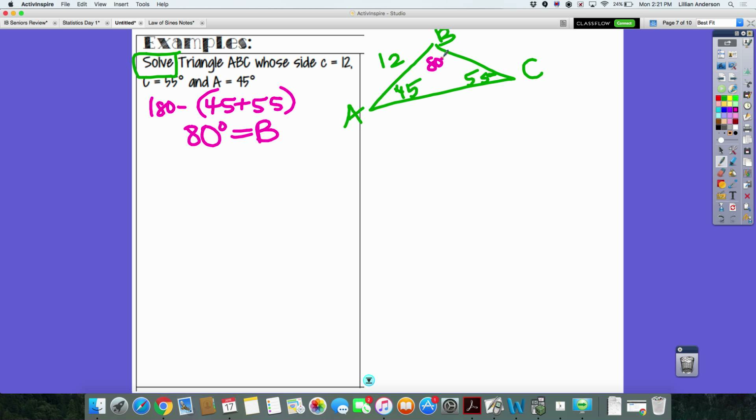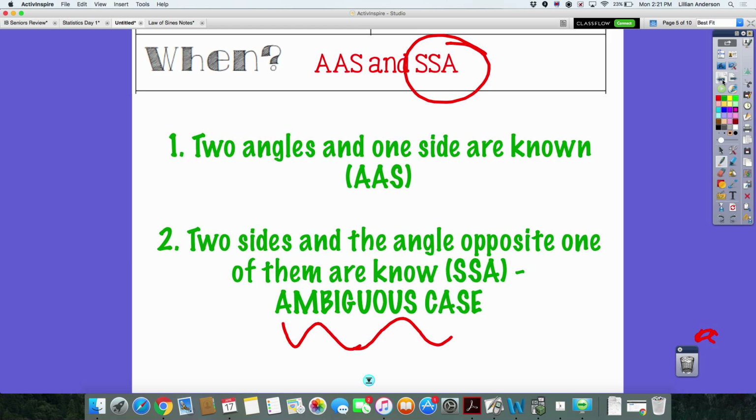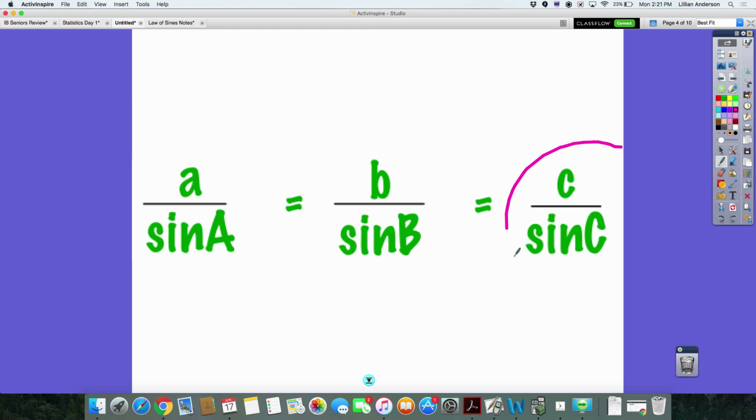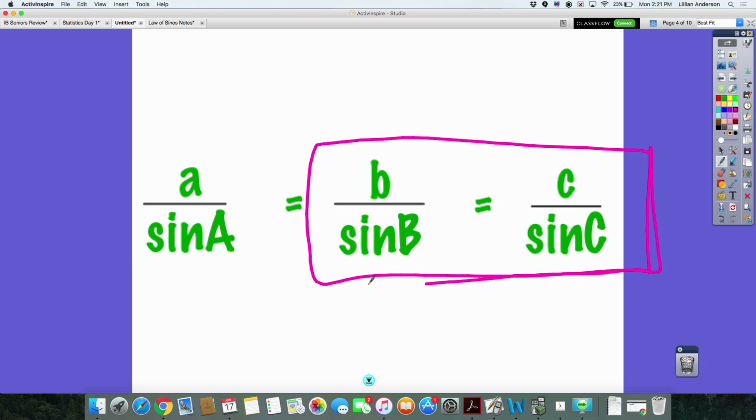So now all we have to do is find the two sides. What two sides are we looking for? Side B and A. So when you think about that formula for law of sines, we know angle C and side C, which means that we're going to use that part of the formula whenever we find A and B. So let's use this part of the formula to start with.